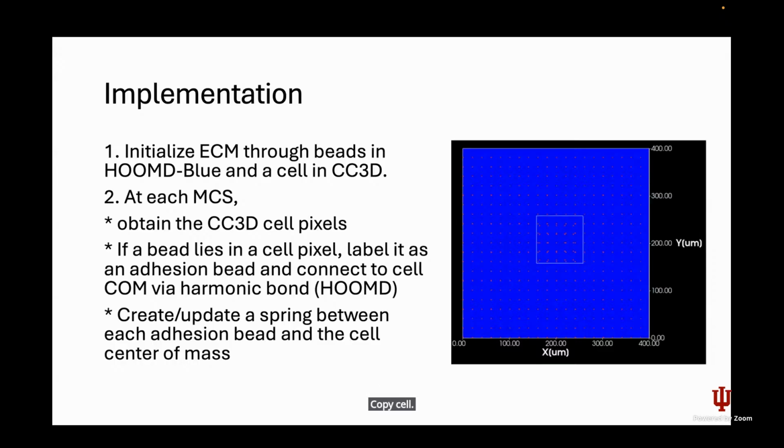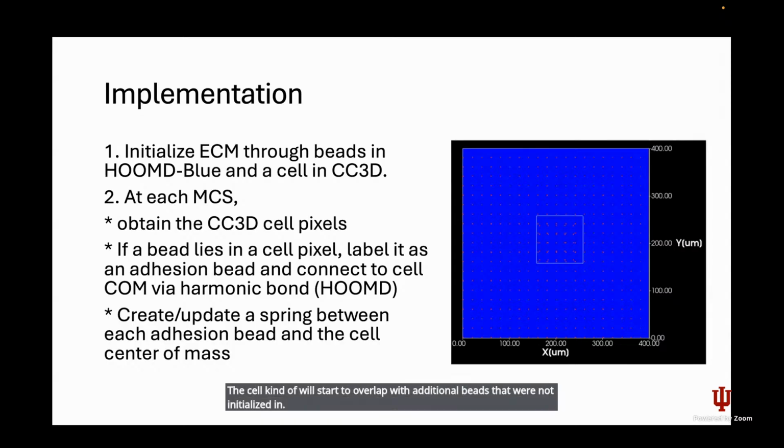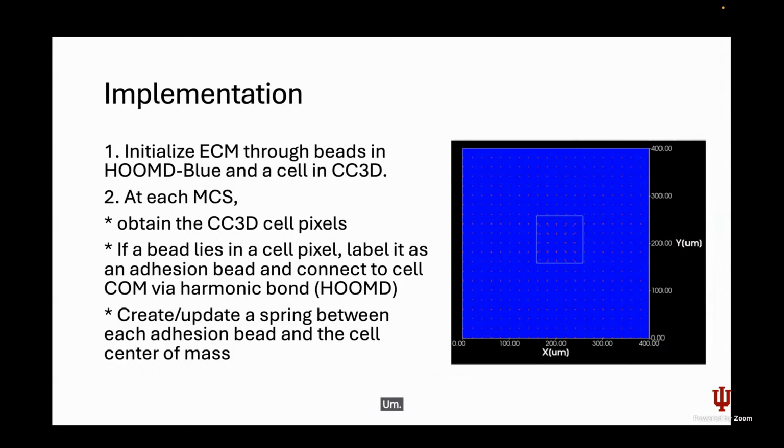Then at each MCS step, as the cell moves around, it will start to overlap with additional beads that were not initialized in the beginning, and we update the bonds.